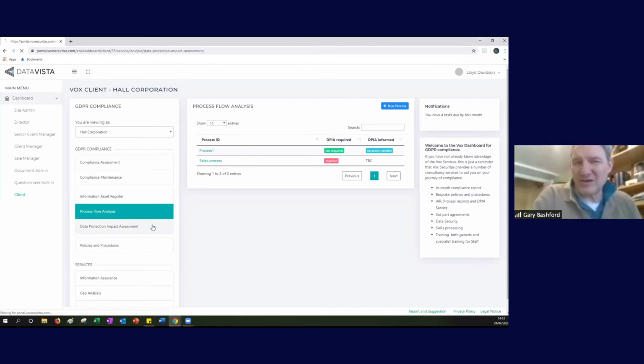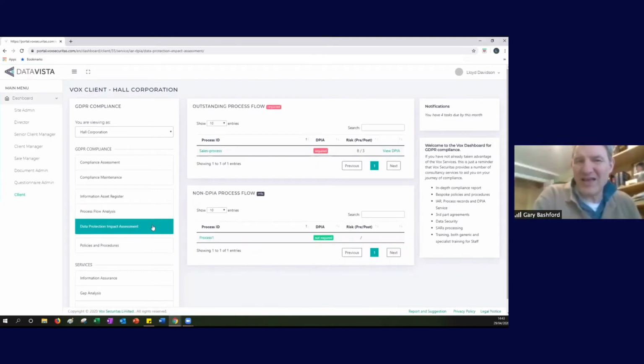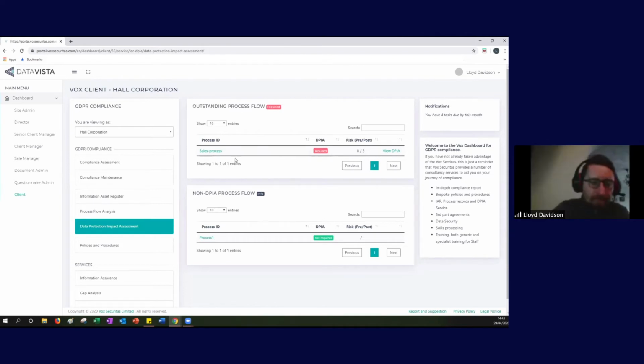Okay, fair enough. So what does the DPIA actually look at then? So the DPIA is a risk assessment exercise, and that will look at the process in question, what the risks to that data used in the process are, and you'll be asked to describe a possible risk. On the screen here, I've identified our sales process as one that needs a DPIA.